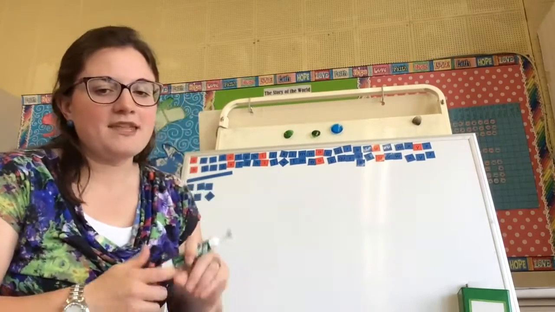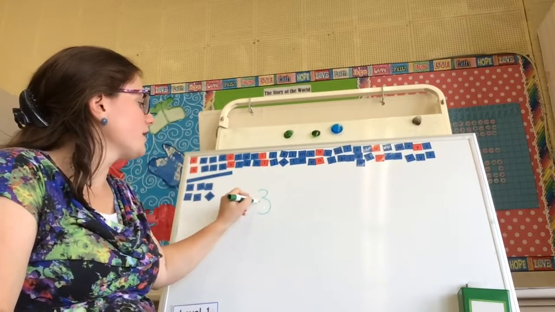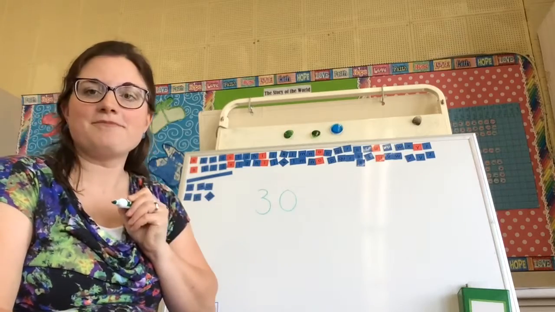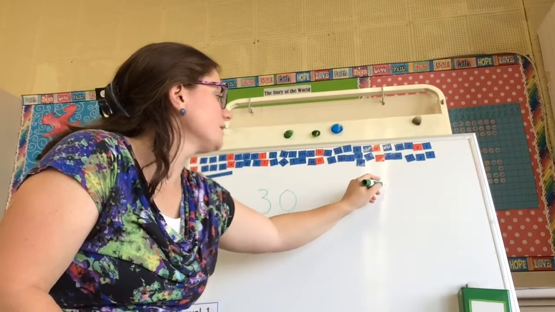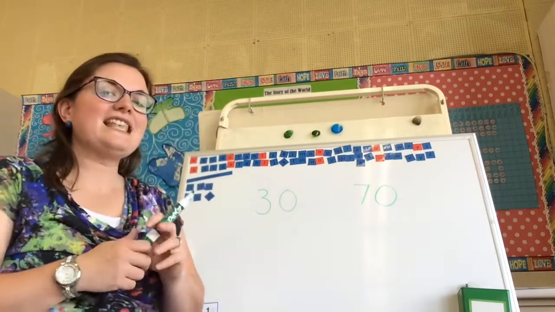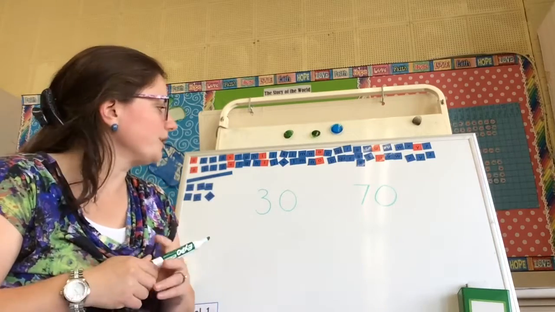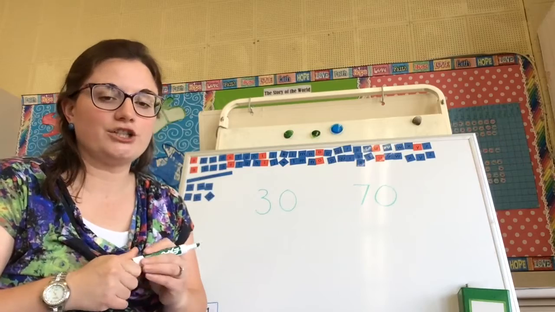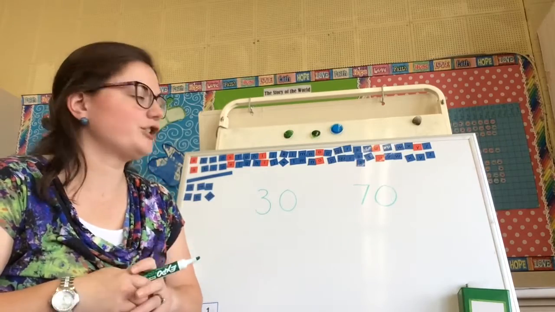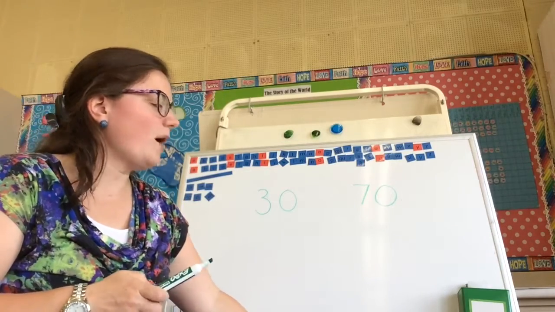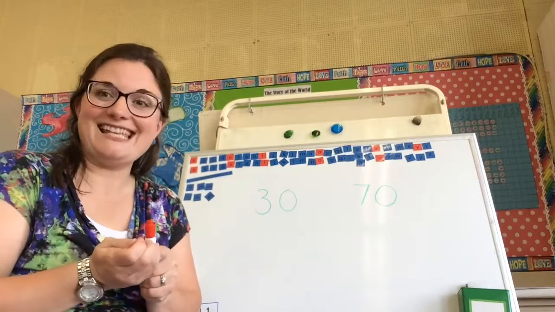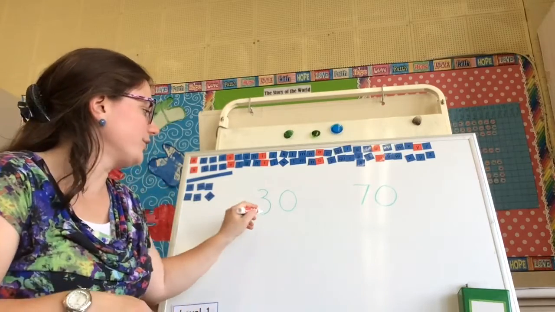This time, I'm going to have the number 30, and I'm going to have the number 70. And I want you to tell me which number is larger. Which one is larger? Well, what we're going to do is we're going to look at the tens. How many tens do I have in 30?